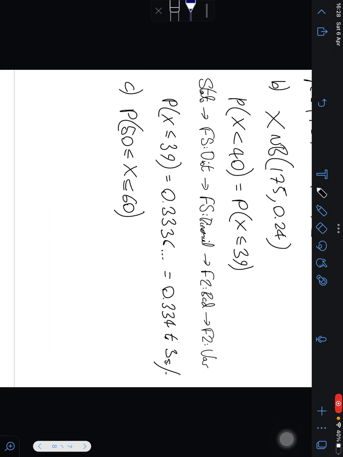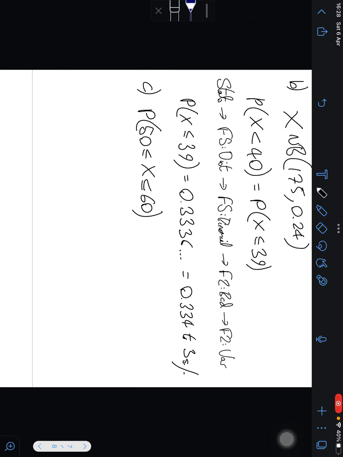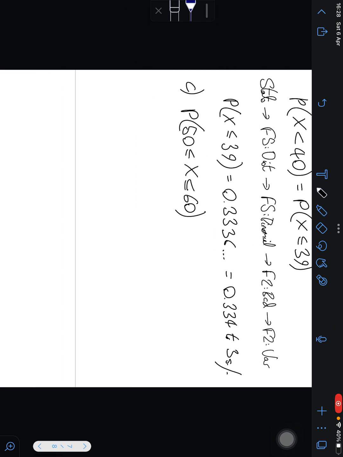Well, what's that really saying? Technically, back in the day when you didn't have a calculator to do this for you, you would have to write down P of x less than or equal to 60 minus P of x less than or equal to 49, because everything less than 49 we don't need from the 60.